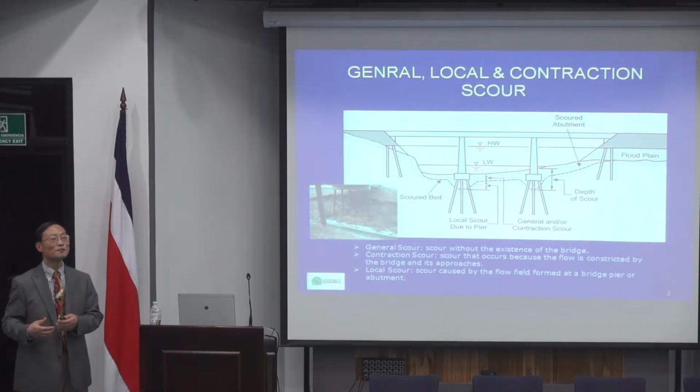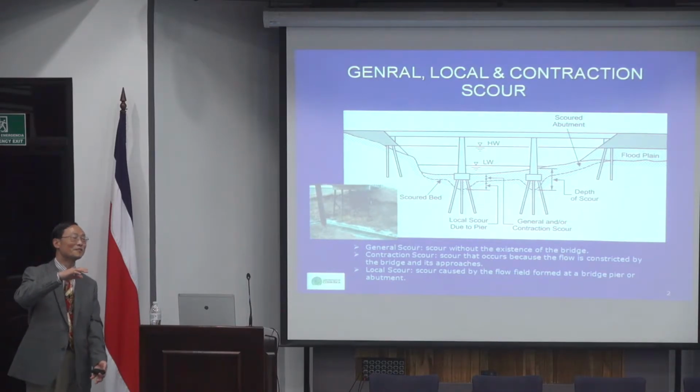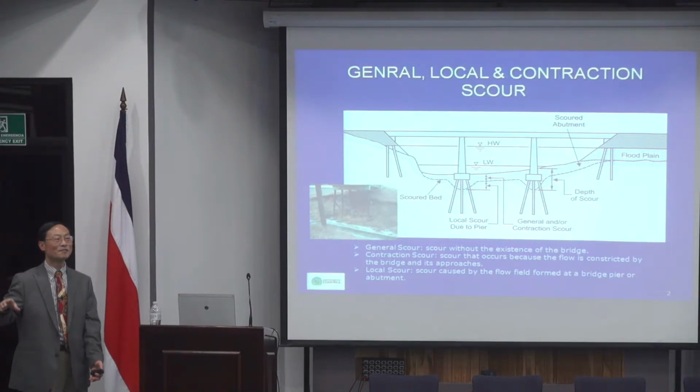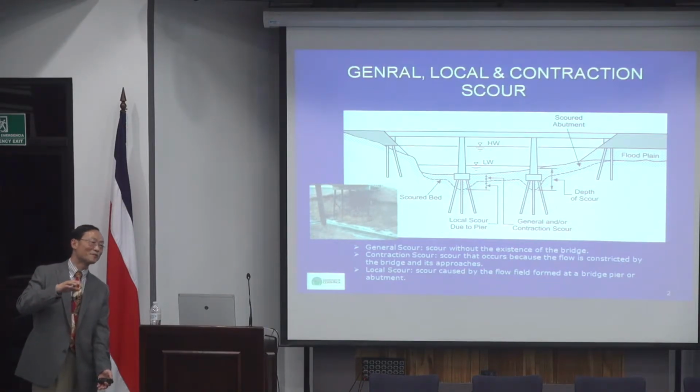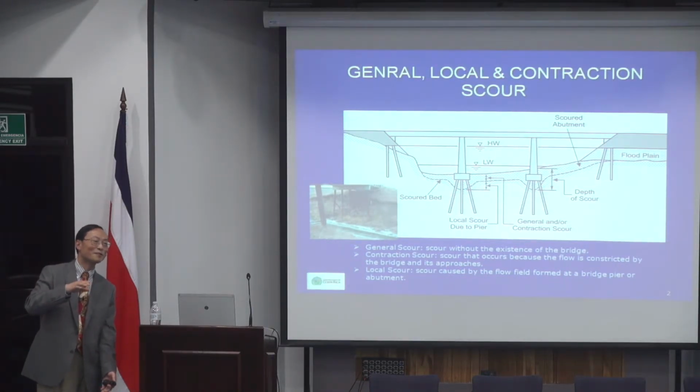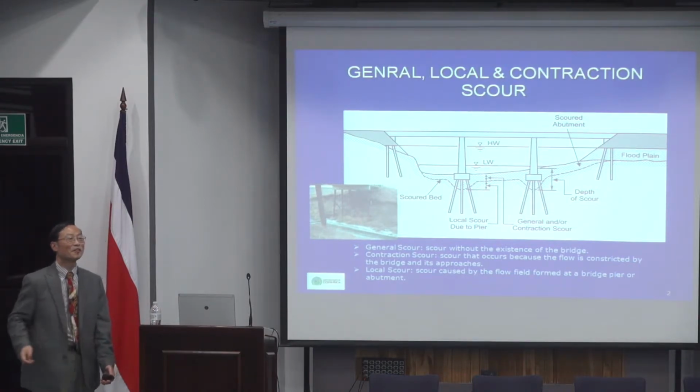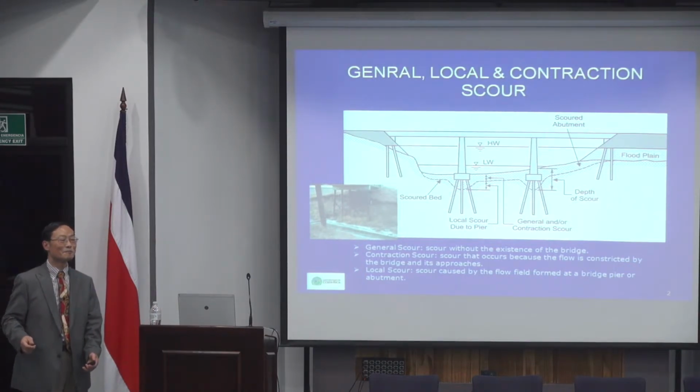So that's a natural process, which has nothing to do with the bridge. So that will give you certain depths that you have to assume. Actually, we'll be able to calculate, based on the shape of the stream, how much soil you may lose during the 100-year life of the bridge.